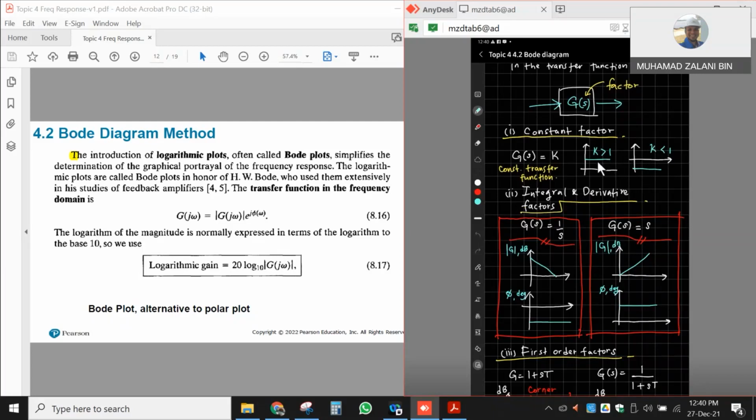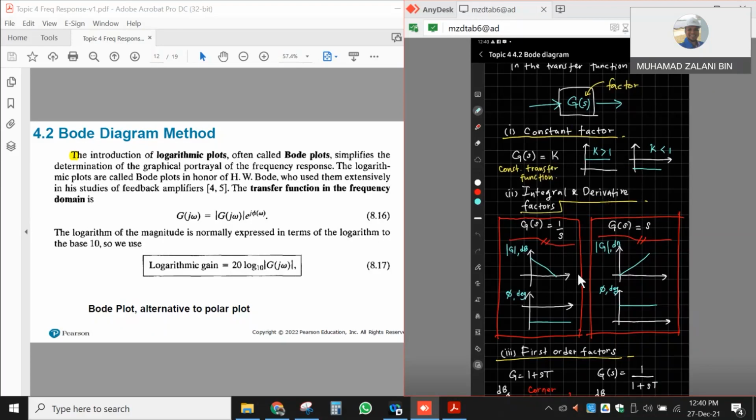For example, if K is greater than 1, this is 20 decibel. But if K is smaller than 1, it is negative 20 decibel. So the output plot of the constant factor is constant like this, meaning that K is constant in terms of power decibel.